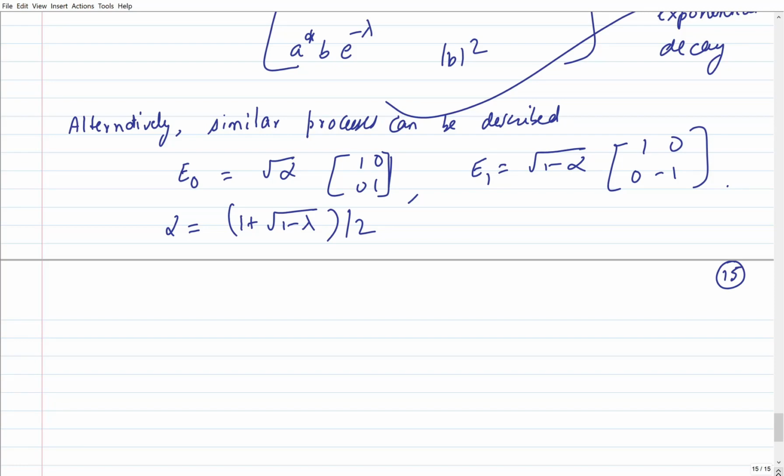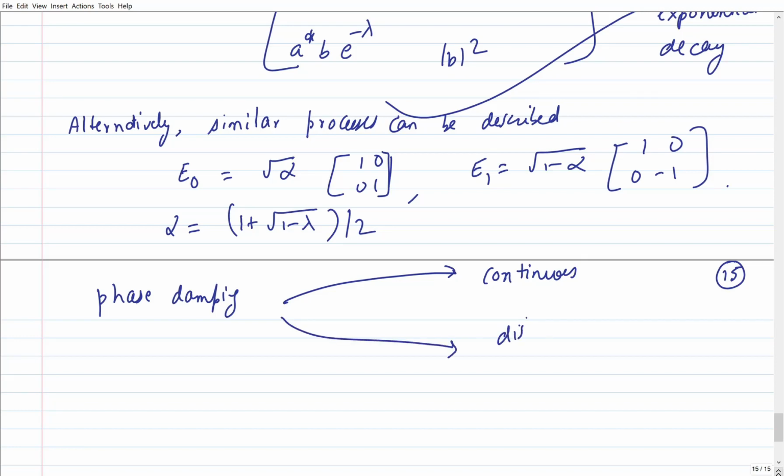So the process of phase damping can be either modeled as a continuous process where we integrate over a lot of random kicks, or modeled as a discrete phase flip process as we saw.